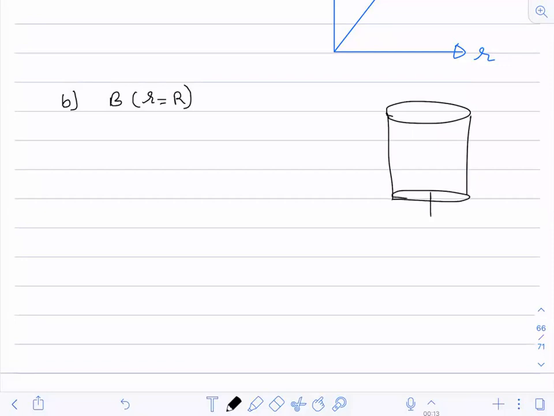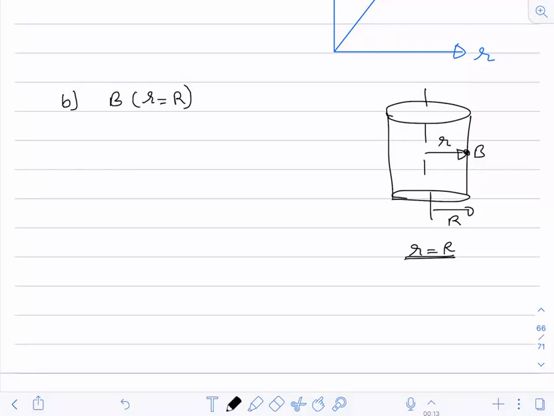So case B, for the point B, r is equal to capital R. We have this conductor, the radius of the conductor is capital R, and the point we are considering is at a distance small r from the central axis. Since the point is on the surface of the cylinder itself, small r is equal to capital R.